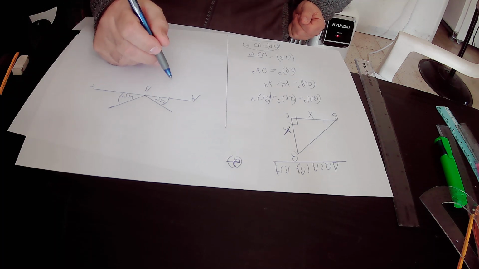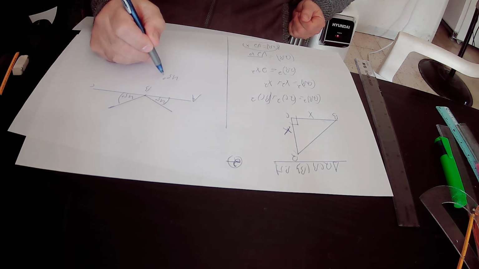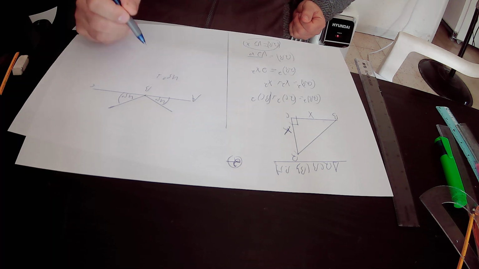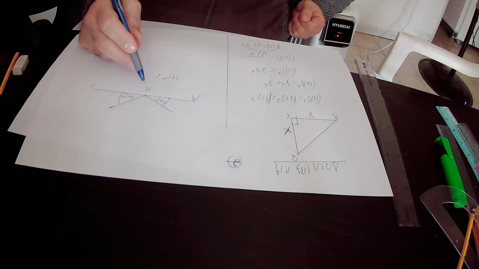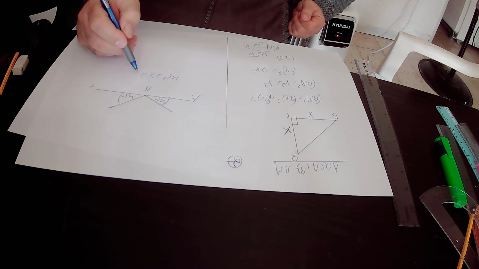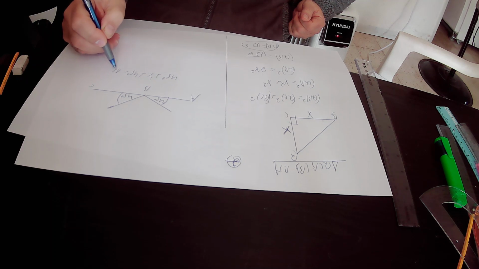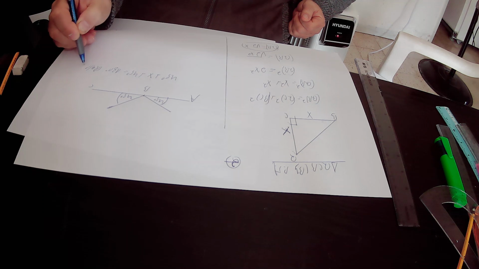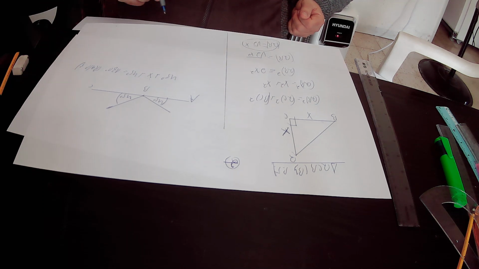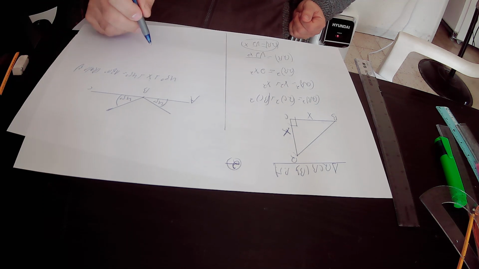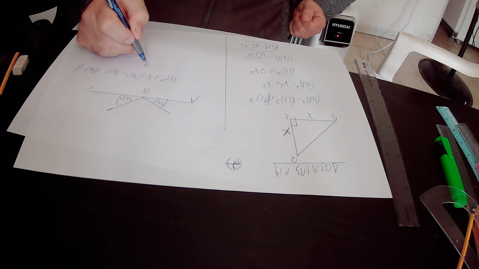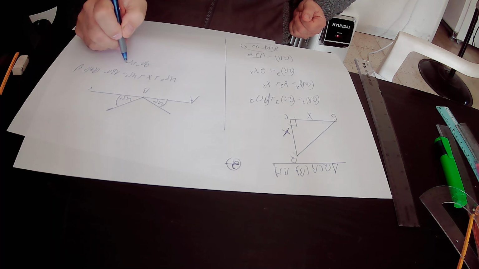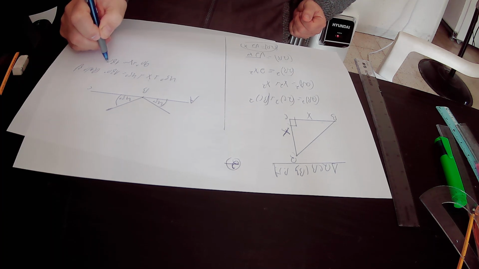We have this angle equal to 45 degrees plus the missing angle that we define as X plus 45 degrees. In total, it must be equal to 180 degrees according to rule number 3. 45 degrees plus 45 degrees is 90 degrees, so 90 degrees plus x must be equal to 180 degrees.